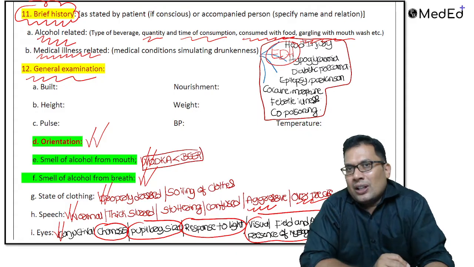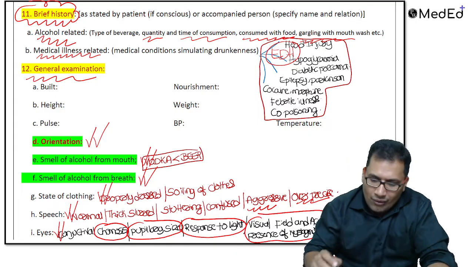All the points about the eyes you need. So this is one finding in case of drunkenness, can be a nystagmus, can be horizontal nystagmus, vertical nystagmus, when alcohol level is more than 80 milligrams.